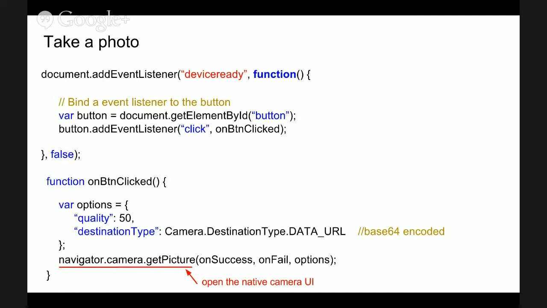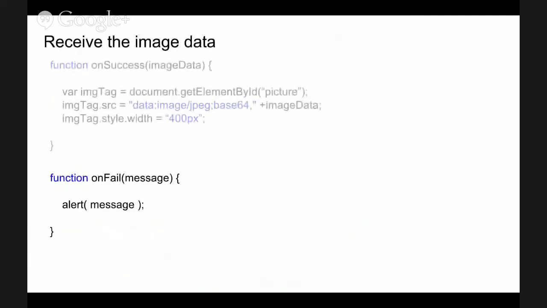After taking a photo, it returns the image data to onSuccess. The image data is encoded with base64. You can display this image using the image tag or import it to a canvas tag.